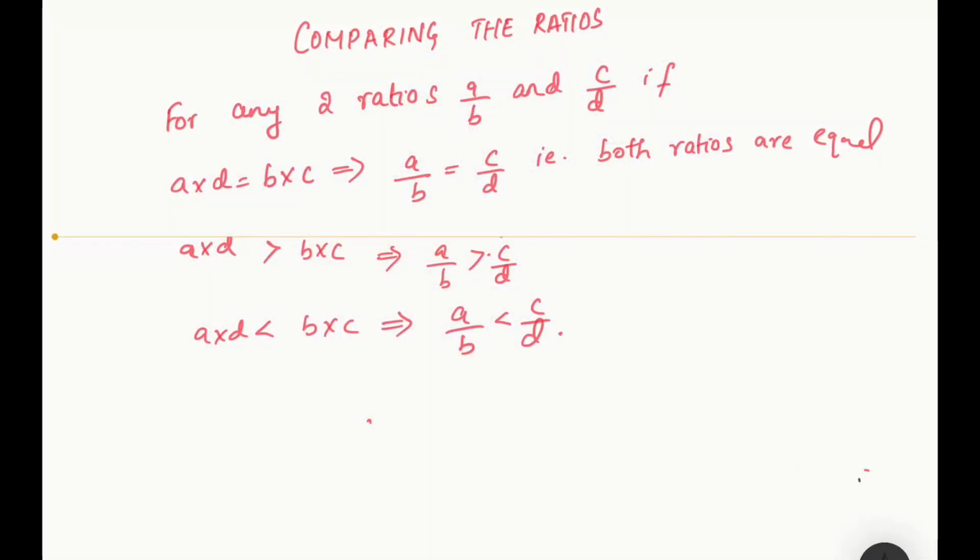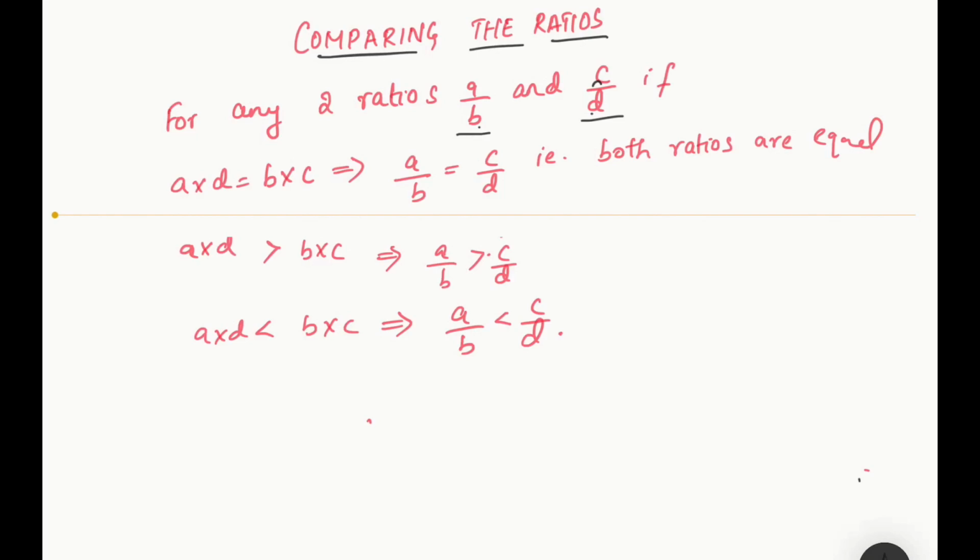Hi students, today let us continue with the topic ratio, that is comparing ratios. For any two ratios A by B and C by D, if A into D equals B into C, then you can tell that both the ratios are equal.